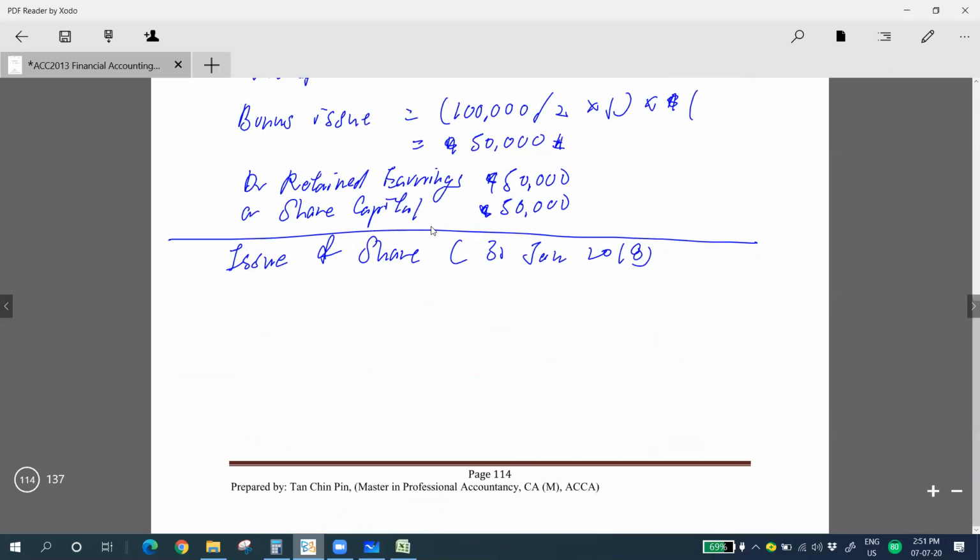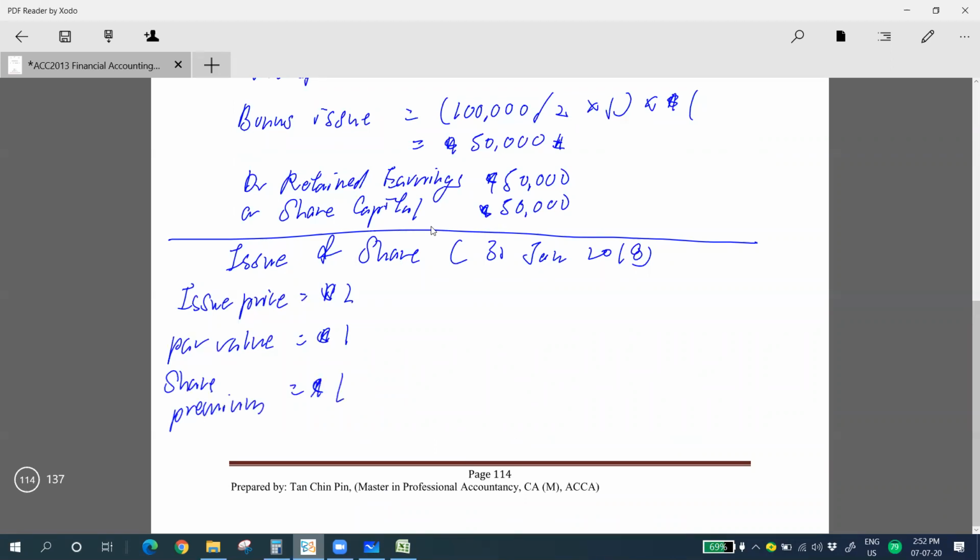So first we identify the issue price is 2. My par value is 1. And then my share premium equals 1 as well. So I issue 50,000 shares, right?